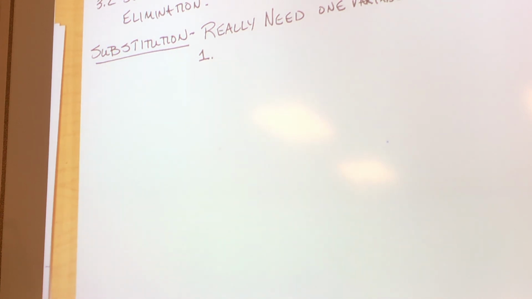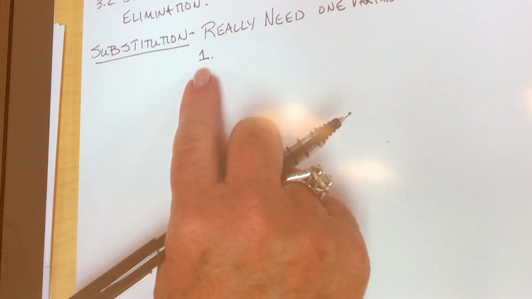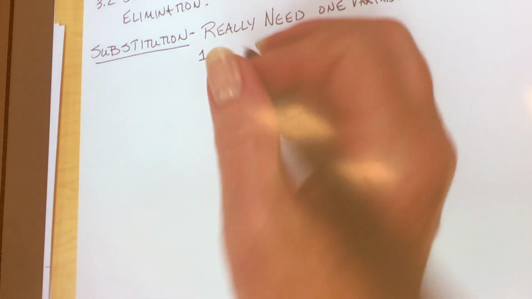On the worksheet there will be some problems that say you need to solve by substitution. If you don't solve by substitution, then you won't get credit for them. Some say solve by elimination, and you have to use elimination. And then there's some that say choose whichever method you want. So for substitution, I'd like to have one variable with a coefficient of 1.